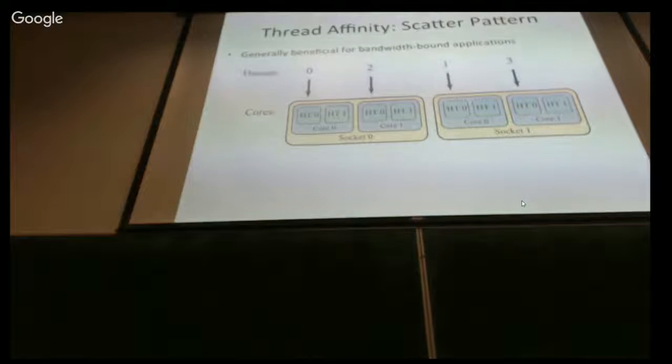And then you have the scatter pattern, generally beneficial for bandwidth-bound applications. In this way, you have your thread IDs, your core IDs, and your hardware thread IDs as well. This model ensures that the threads get spread out in a round-robin fashion on each of the cores, so that they're not tightly packed together on each of the cores and sockets. If you have 60 cores, don't forget that there are 4 hardware threads per core on the KNC.